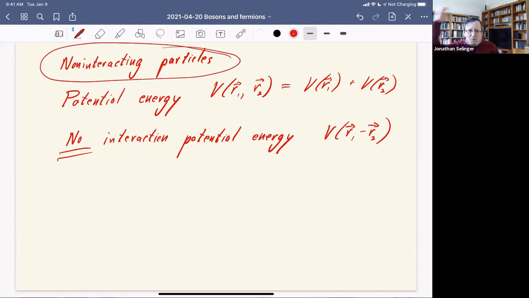Now, I remember when I was a graduate student as a TA, there was one time when I got into an argument with a student in the class, and the student was saying, what do you mean this is non-interacting particles? These particles are clearly interacting with each other.